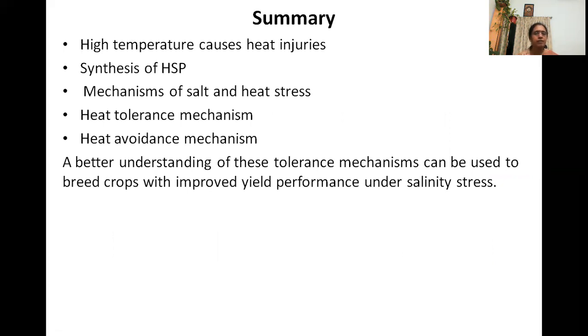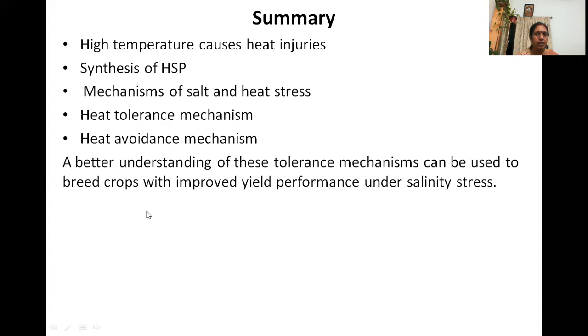So to summarize this session, high temperature causes heat injuries, and there is synthesis of heat shock proteins. There are various mechanisms of heat stress, and then there is the heat tolerance mechanism, and then the heat avoidance mechanism adopted by plants.